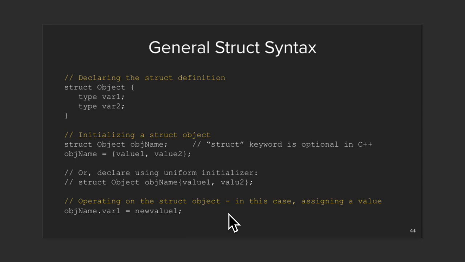The one that we probably recommend is the uniform initializer right here, where it's the struct name, then the name of the variable, and then in braces, the values of that struct. One thing in C++ is that you can sometimes omit the struct keyword. So if you don't have that and your program's still compiling, that's why. If you're curious about that, you can talk to me afterwards. And then finally, if you want to reference an element of a struct, it uses the same dot notation that you have seen elsewhere.